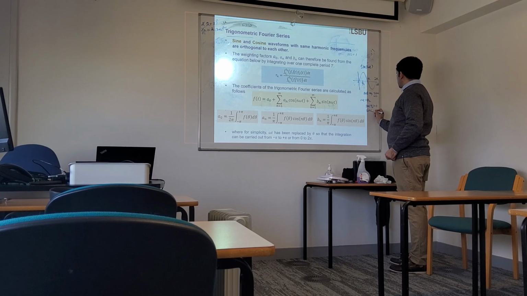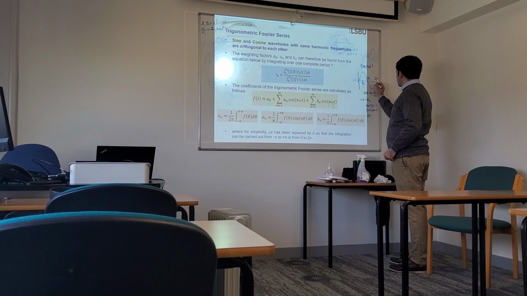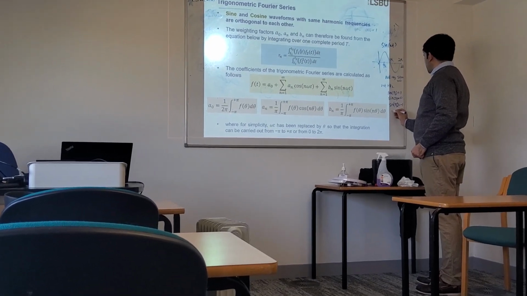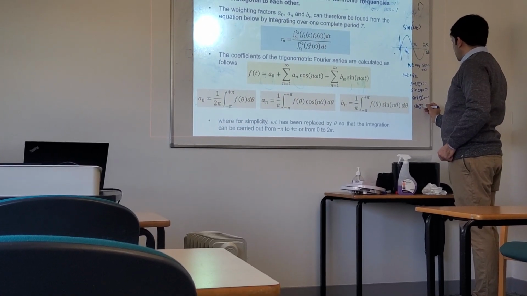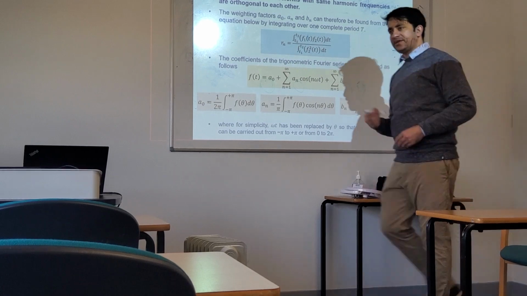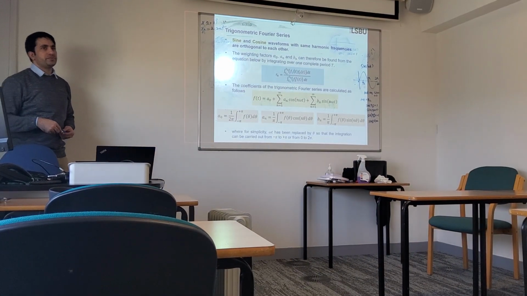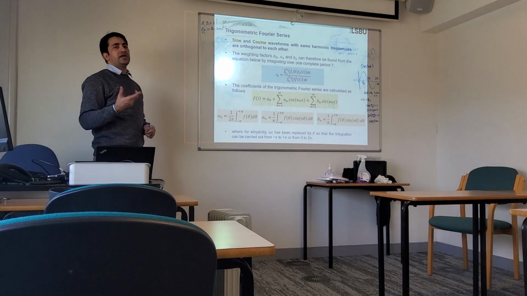Sine pi is 0. Similarly, this point is 3 pi by 2, sine 3 pi by 2 is minus 1. And similarly, sine 2 pi is 0. So it starts with 0, goes until 2 pi and then repeats itself. So the period for a sine wave is 2 pi.